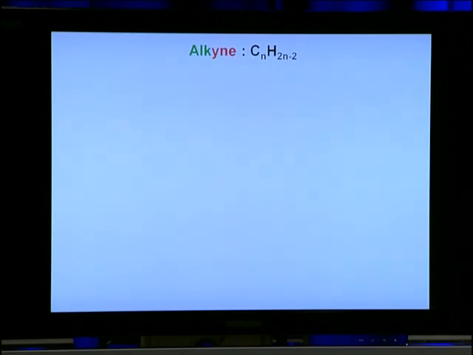Finally, let's look into the next unsaturated hydrocarbon, that is alkyne. Alkyne has a general formula CnH2n minus 2, where n represents again the number of carbon atoms.